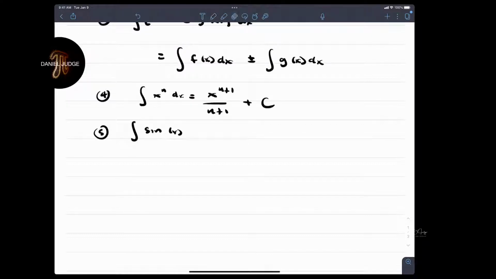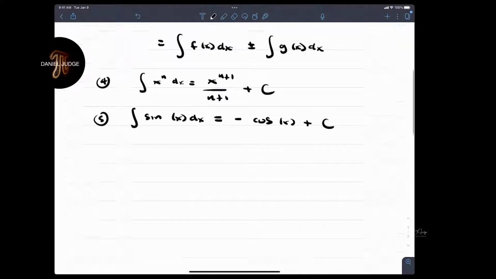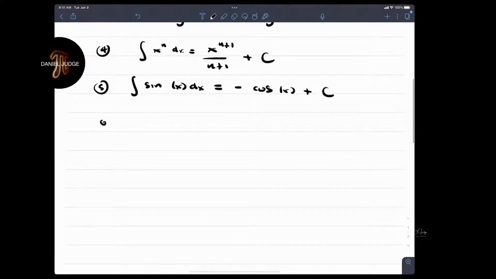Now we're going to write down properties in terms of our trig integrals. So these are antiderivatives. The antiderivative of sine is going to be minus cosine. And the antiderivative of cosine is sine here, ladies and gentlemen.